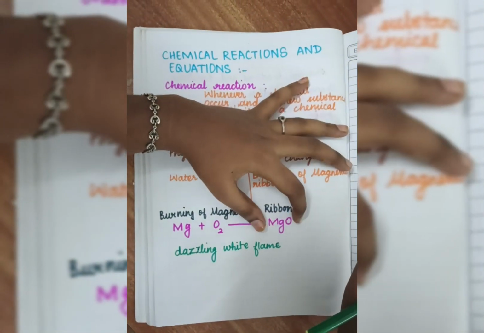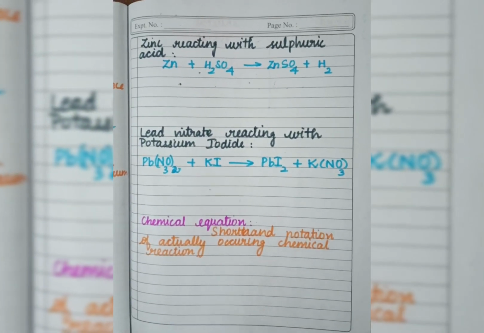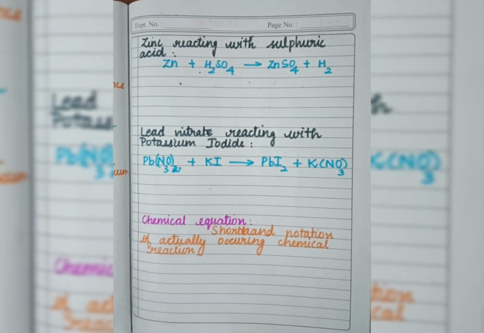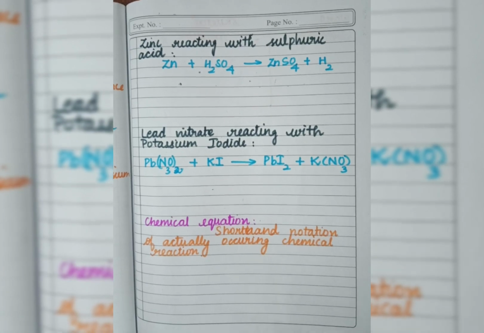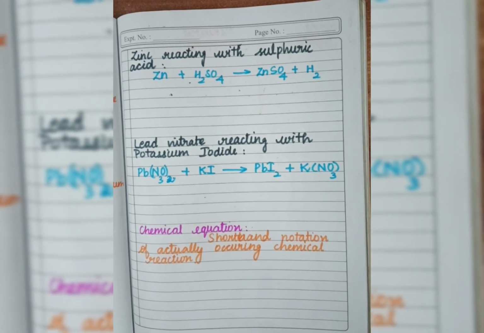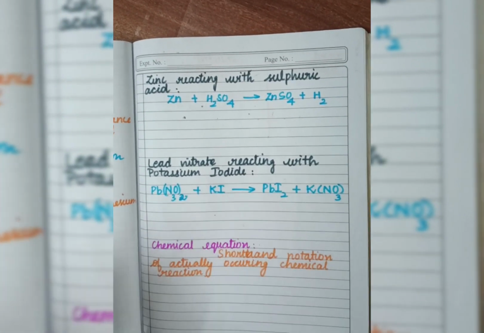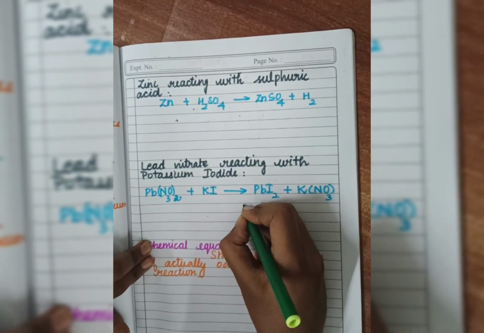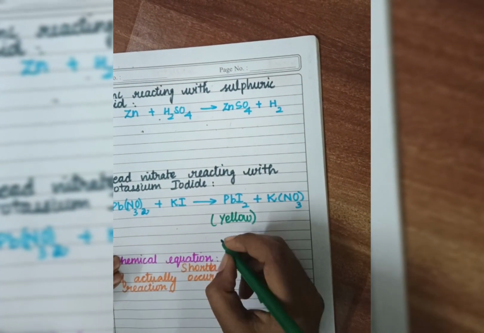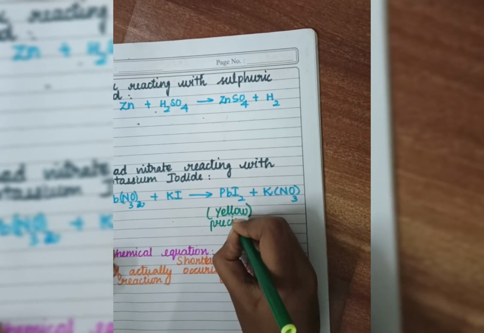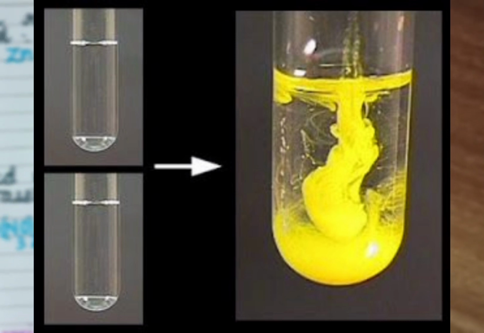It is magnesium oxide powder. Let's see how we can identify a chemical reaction is taking place. Whenever there is a change in the state, as I explained in the magnesium activity, there is a chemical reaction. And when there is a change in the color, like when you react lead nitrate with potassium iodide, you get a bright yellow color solution, which is the yellow precipitate.